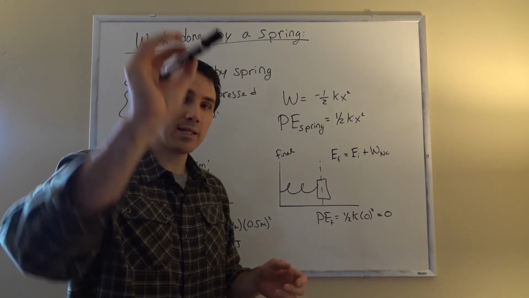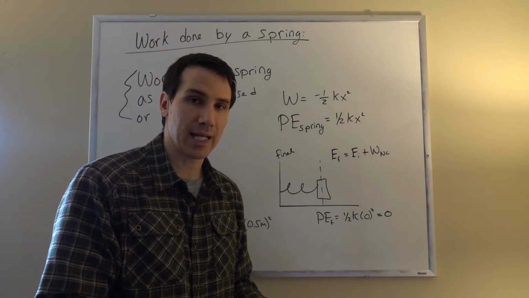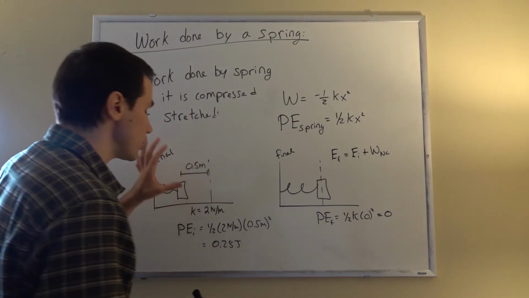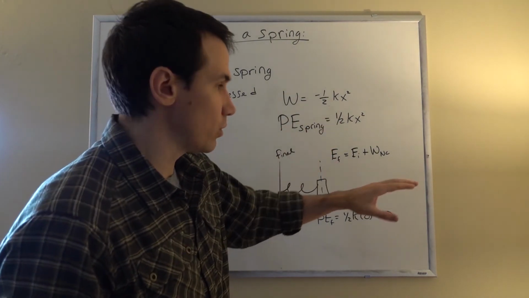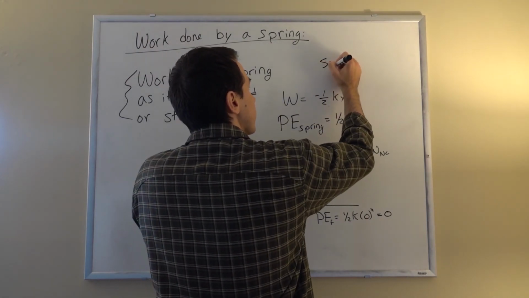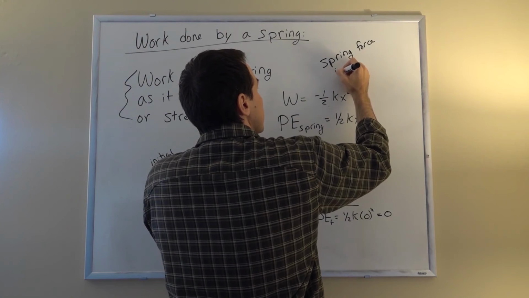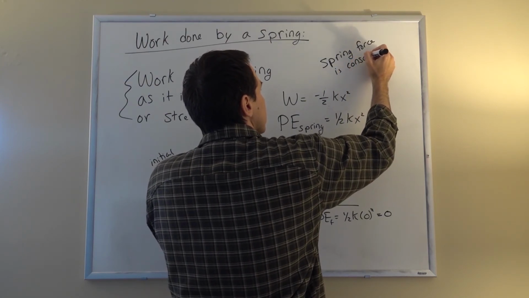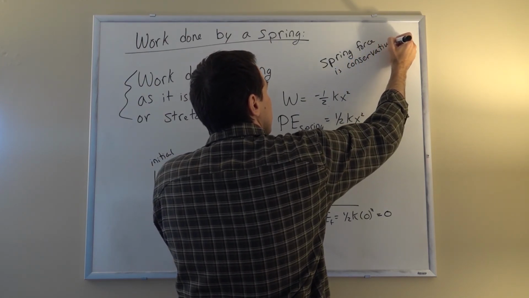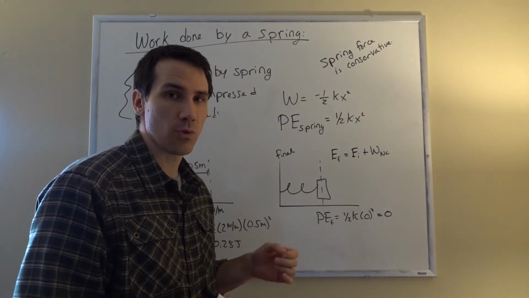Any work that I did in lifting the pen is given back in terms of kinetic energy. So any energy stored in the spring is always returned, which means that the spring force is conservative. It gives any energy back that it is storing.